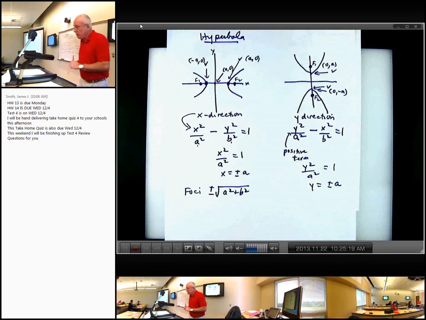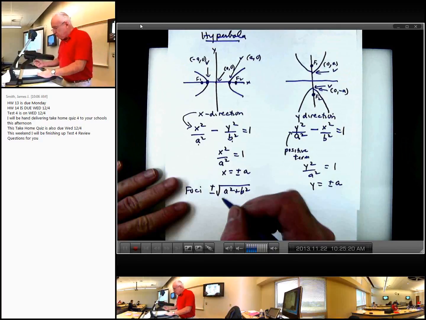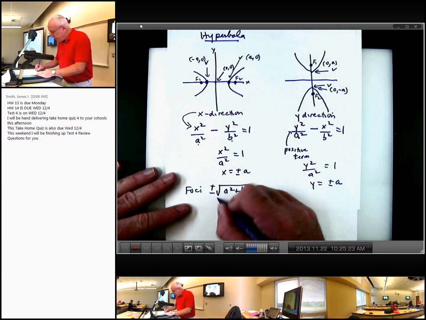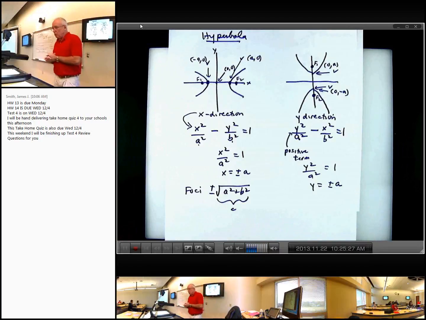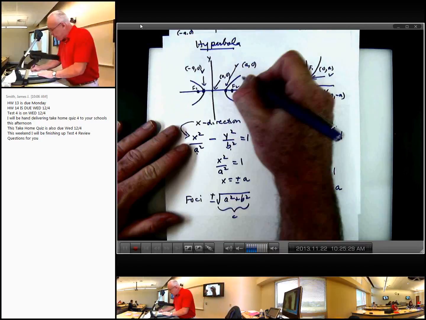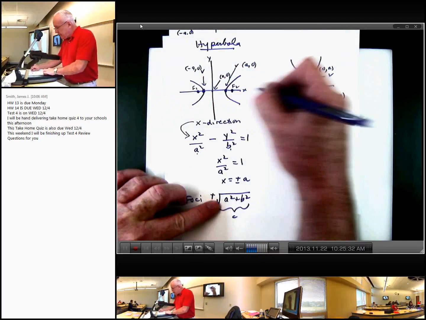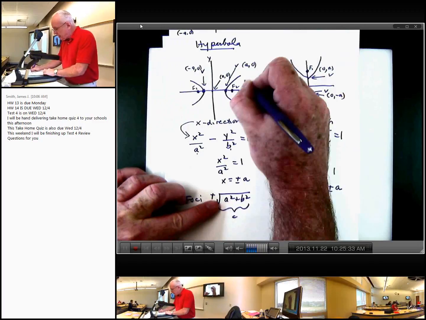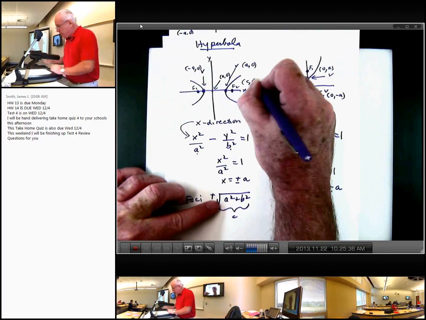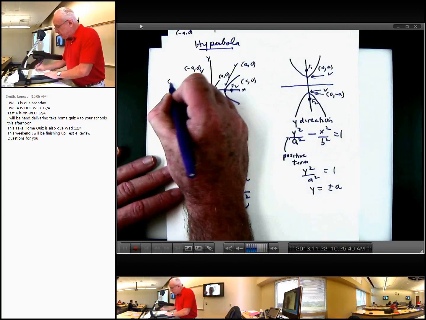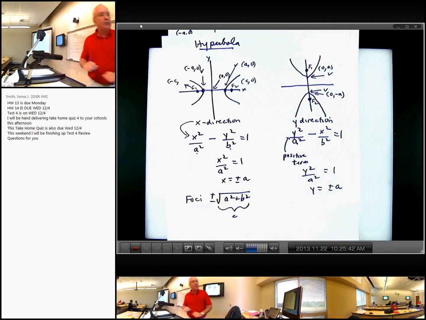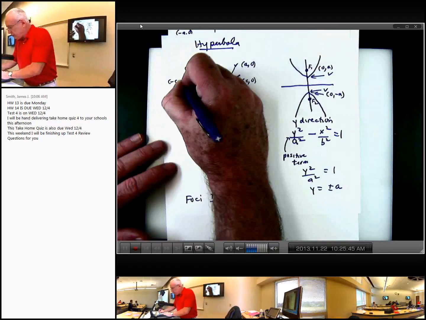We can call this, if we want to call it by a letter, C. So this focus here is along the x-axis, so we're going to have an x value of C and a y value of 0. Over here, it's just going to be the opposite: x value of -C with a y value of 0.